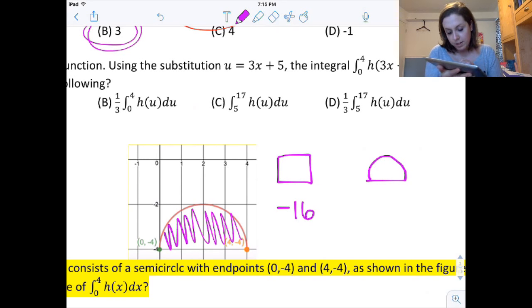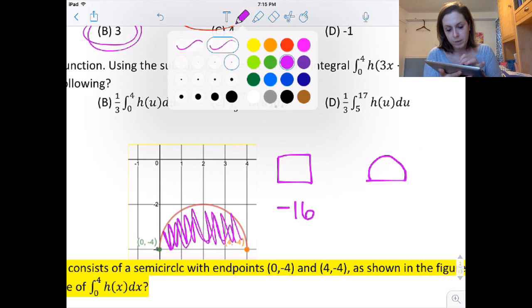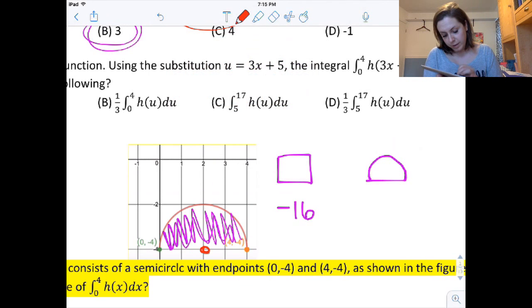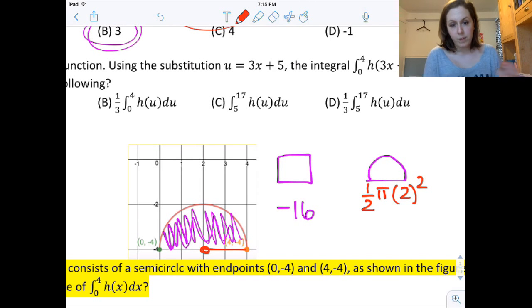This would be a semicircle with a radius of 2. So there's my radius. That'd be 1/2 pi r squared, so that would be 2 pi, and we're subtracting that out.